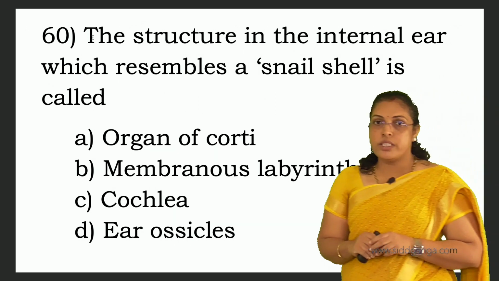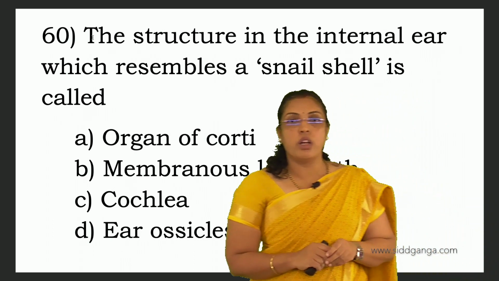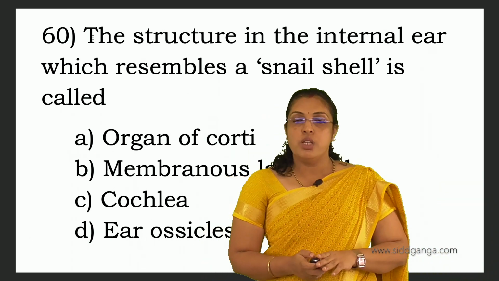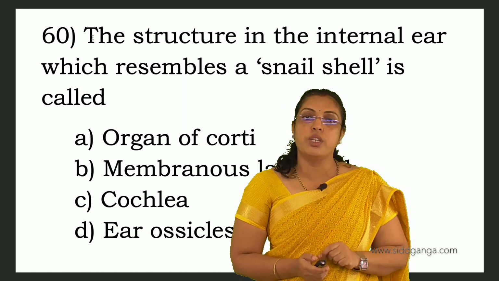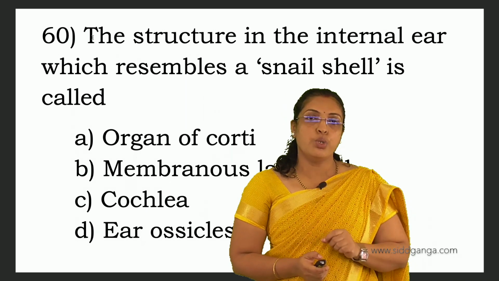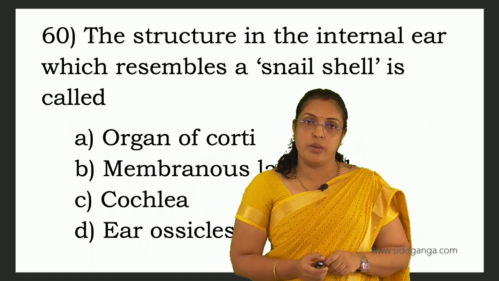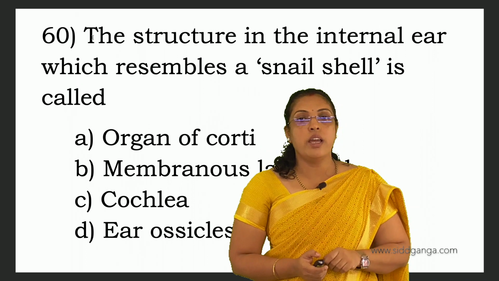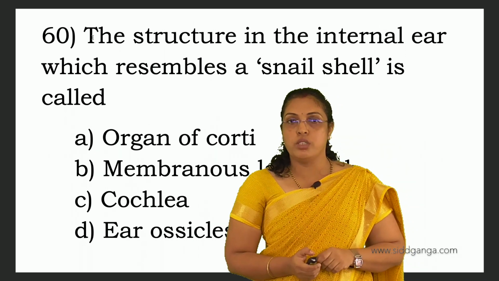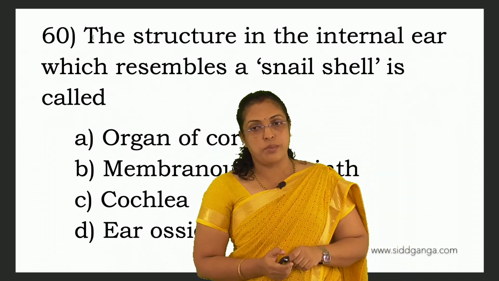This completes some questions regarding neural control and coordination. For your competitive exams, each line in your textbook is very important and you should know each labeling of the diagrams also. Read the textbook line by line repeatedly, that will help you to get good marks in your competitive exams. Thank you.